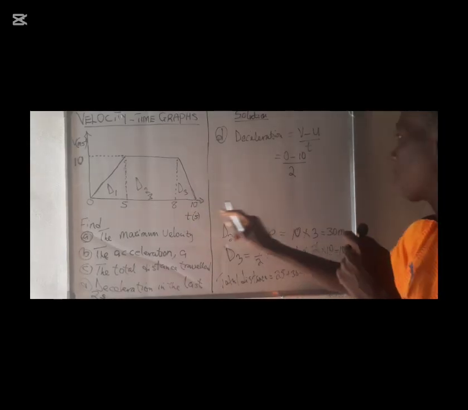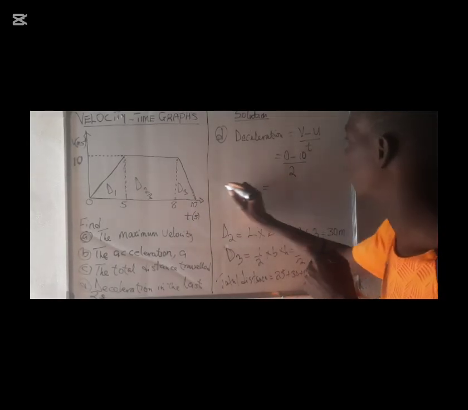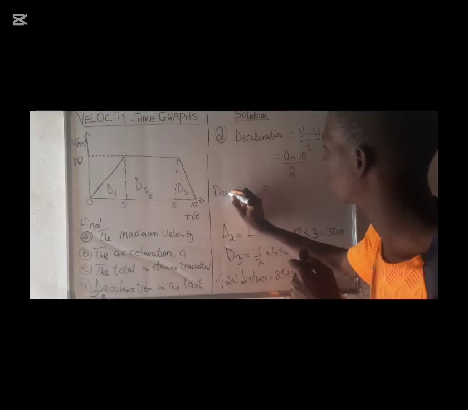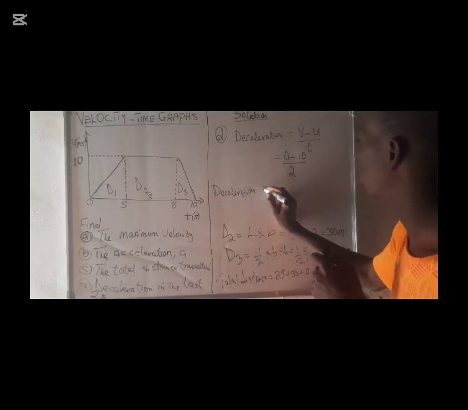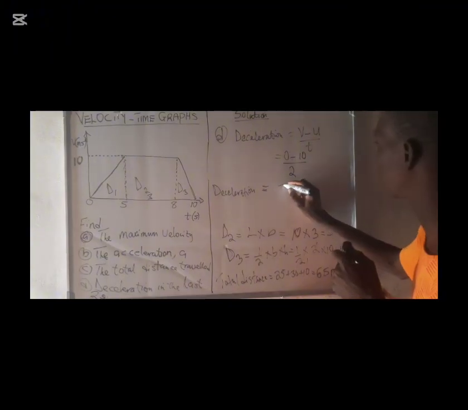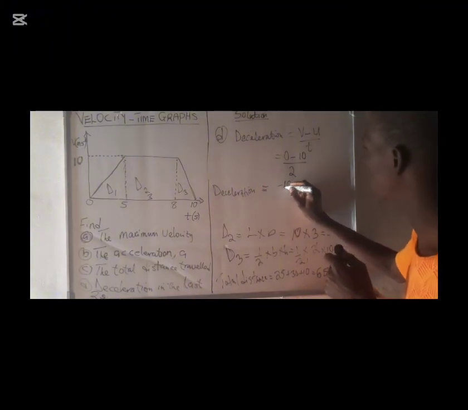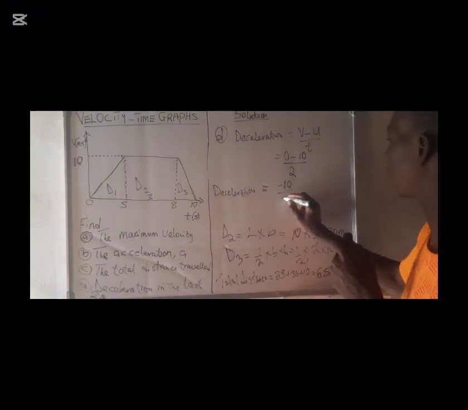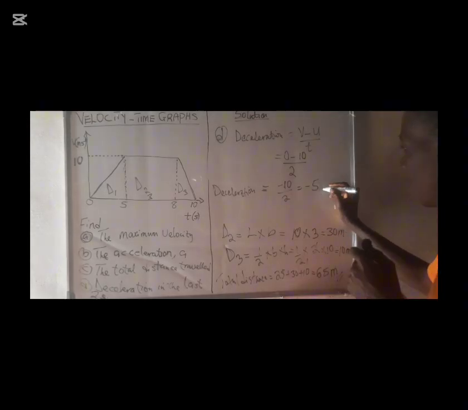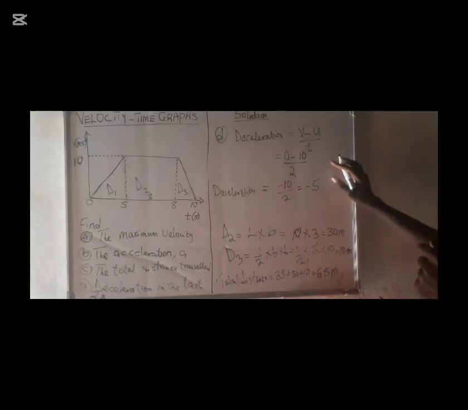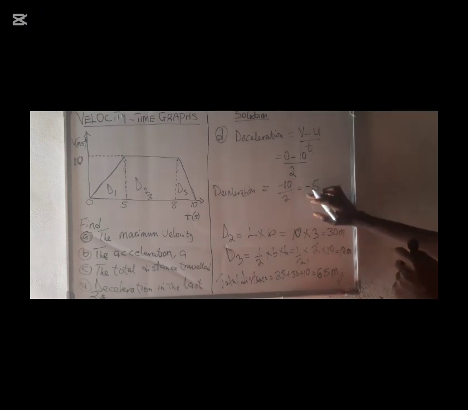So now we move on. The deceleration is equal to negative 10 over 2, which gives us negative 5. Remember, we are not going to use this negative sign.